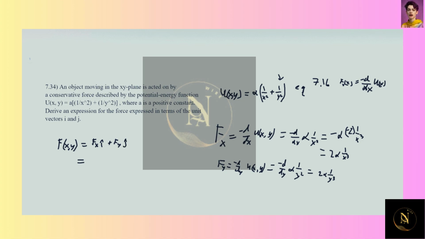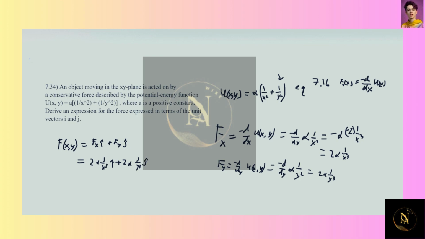And that's just going to be 2 alpha times 1 over x to the third i hat plus 2 alpha times 1 over y to the third j hat.